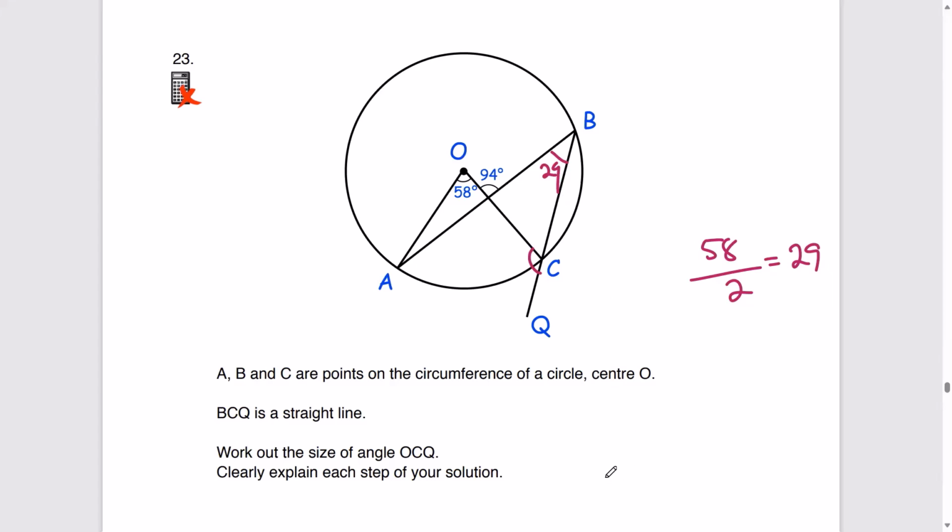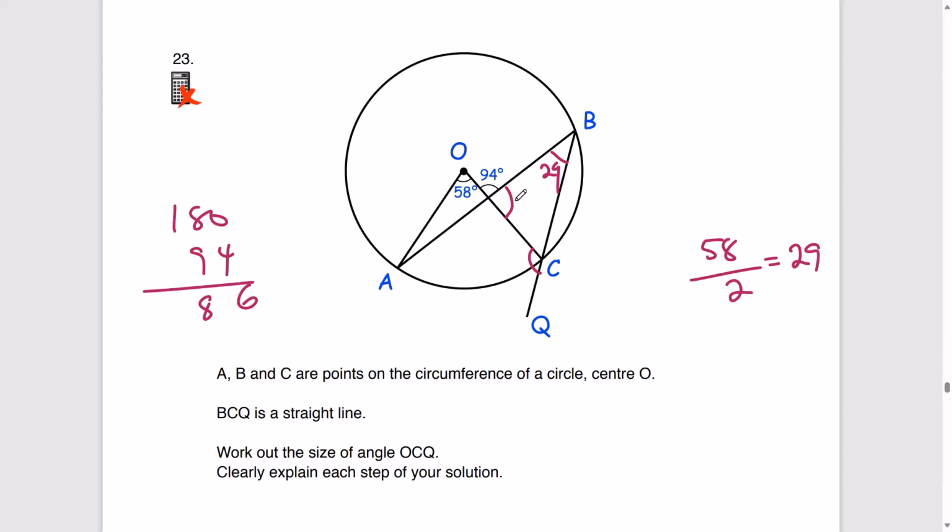And we also know here to be 94. So here, because you have a straight line, it's going to be 180 minus 94, which is going to be 86.